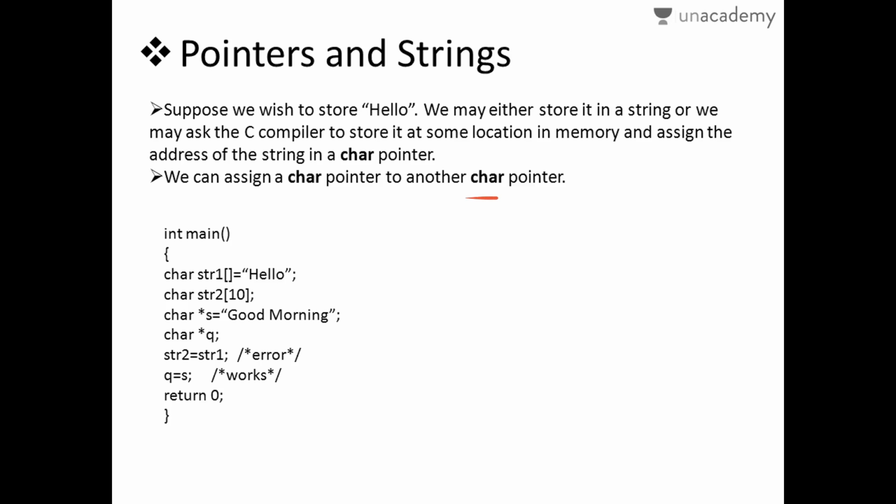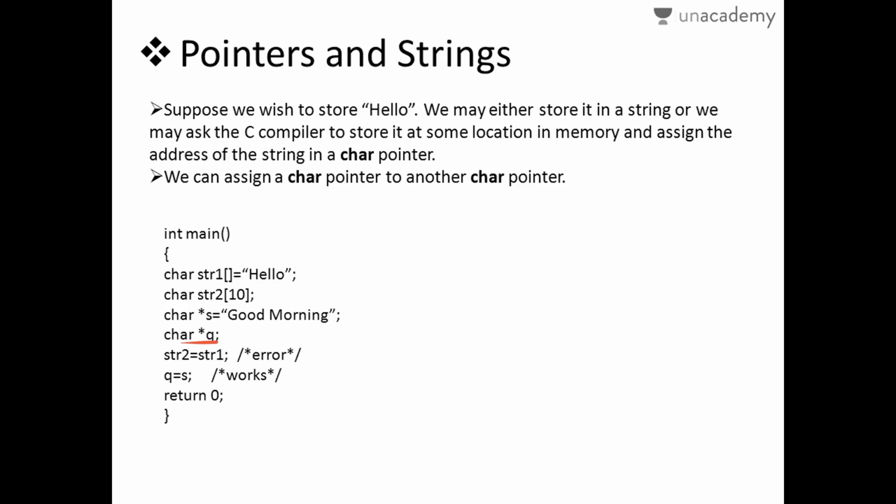Here both pointers and strings come into the picture. For a simple example, here is string1 "hello", which is an array, and string2 has a size of 10 characters. Now s is a pointer, and I'm storing "good morning" into the s pointer, and q I'm also declaring as a pointer.